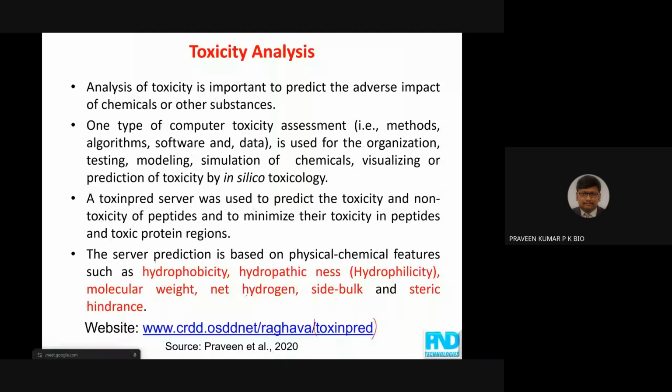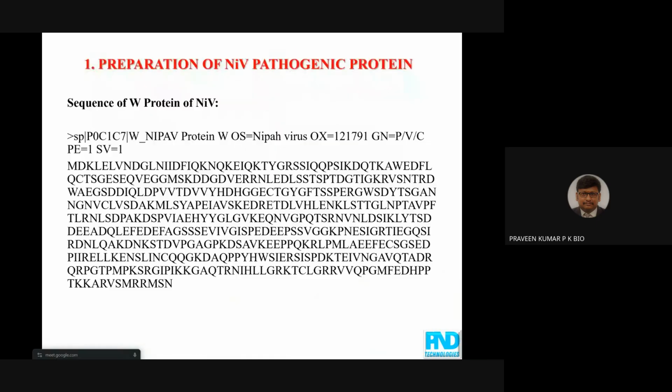The toxicity properties are predicted through hydrophobicity, hydropathicity index, hydrophilicity, molecular weight, net hydrogen, side bulk, and steric hindrance. These are the properties used to determine the toxicity of the predicted epitopic peptide.